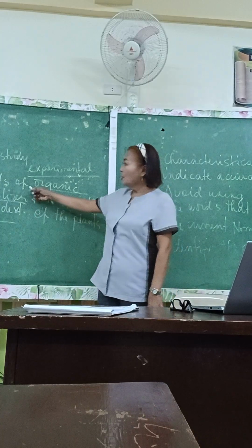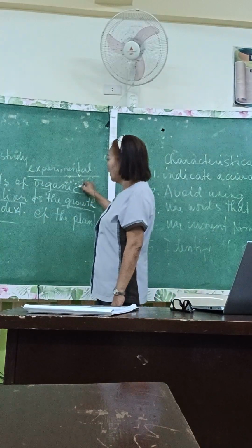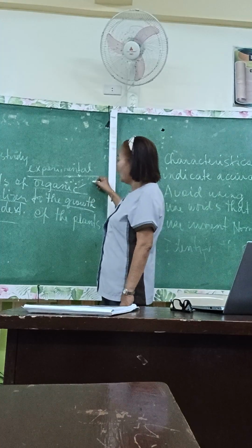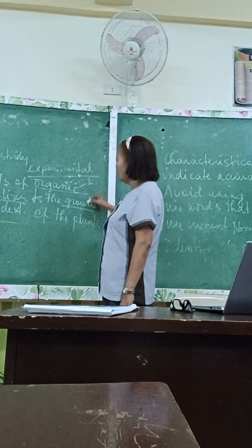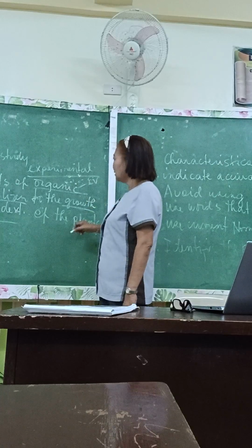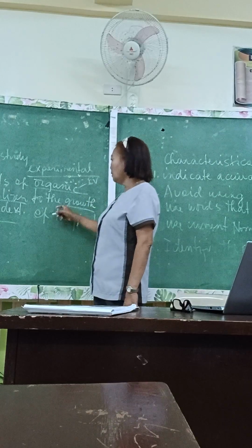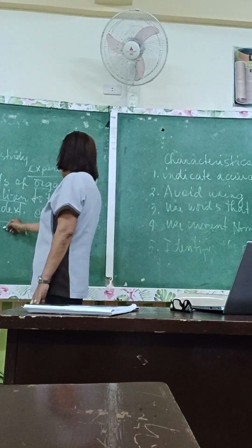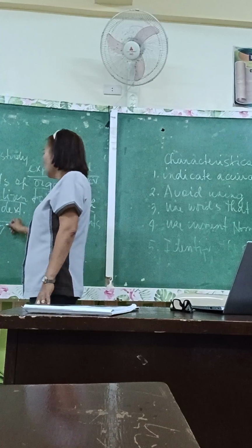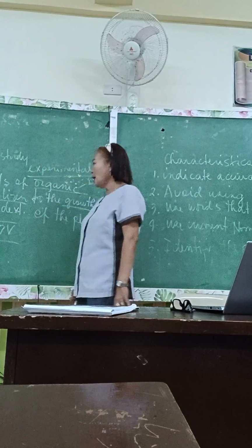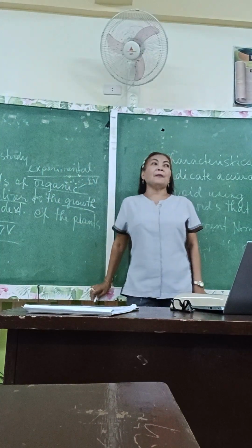Okay? So, organic fertilizer is the independent variable, the IV, and the growth and development is what we call the dependent variable. Okay?